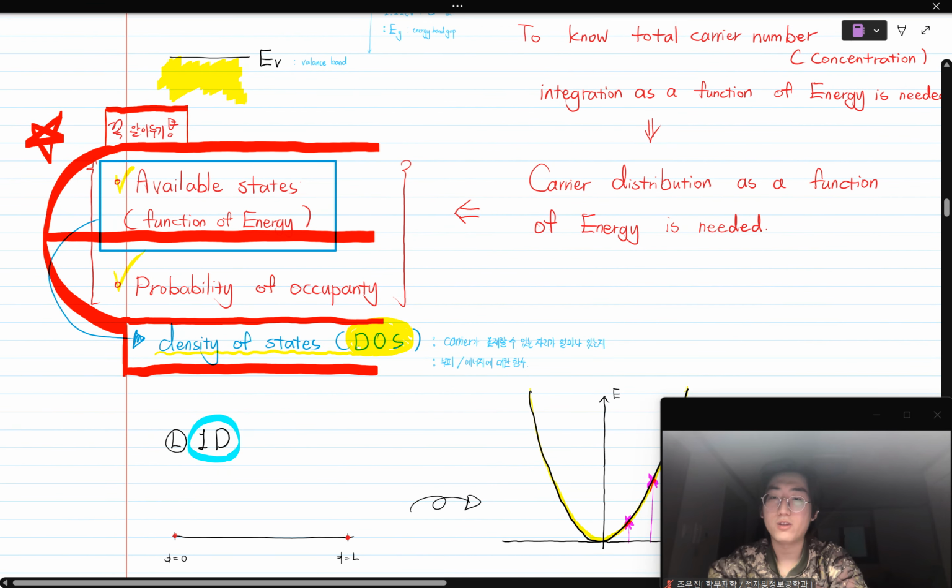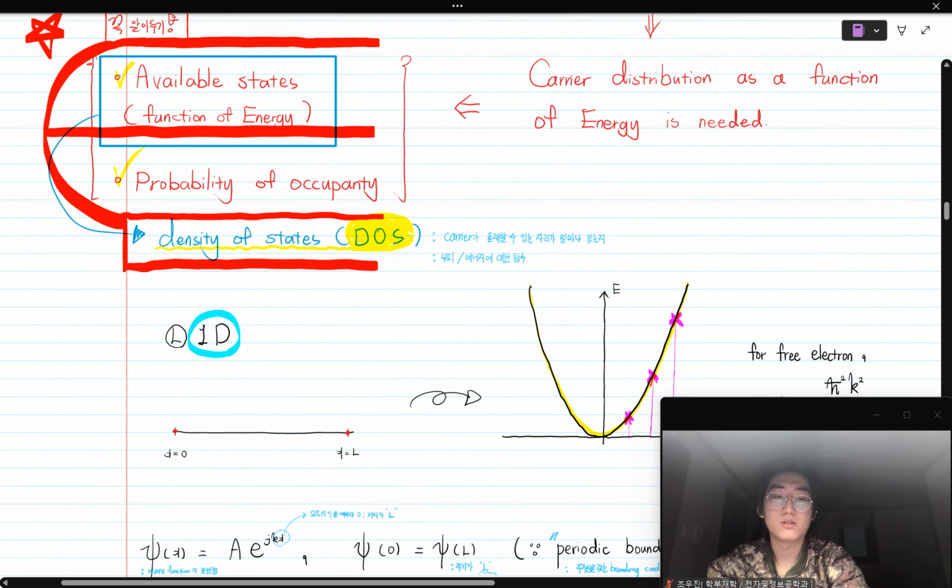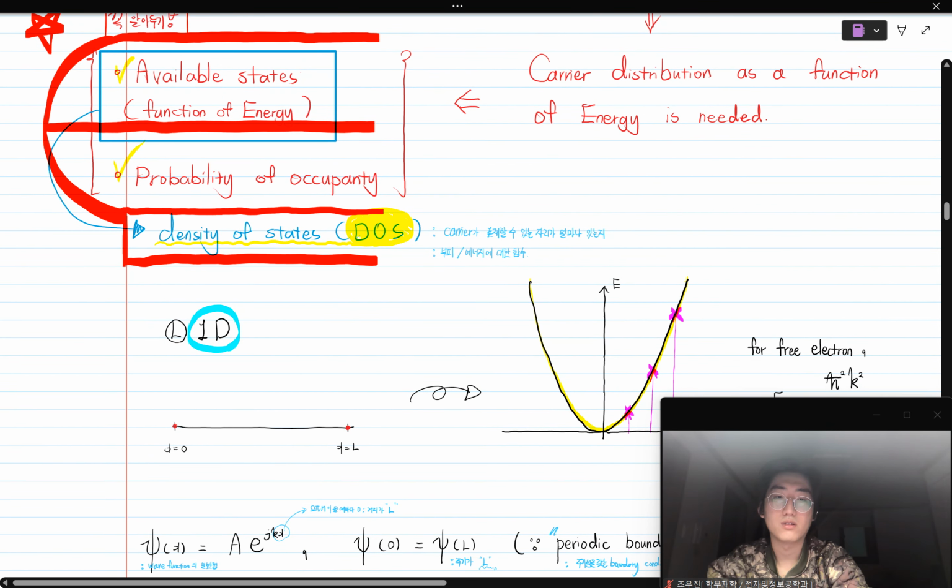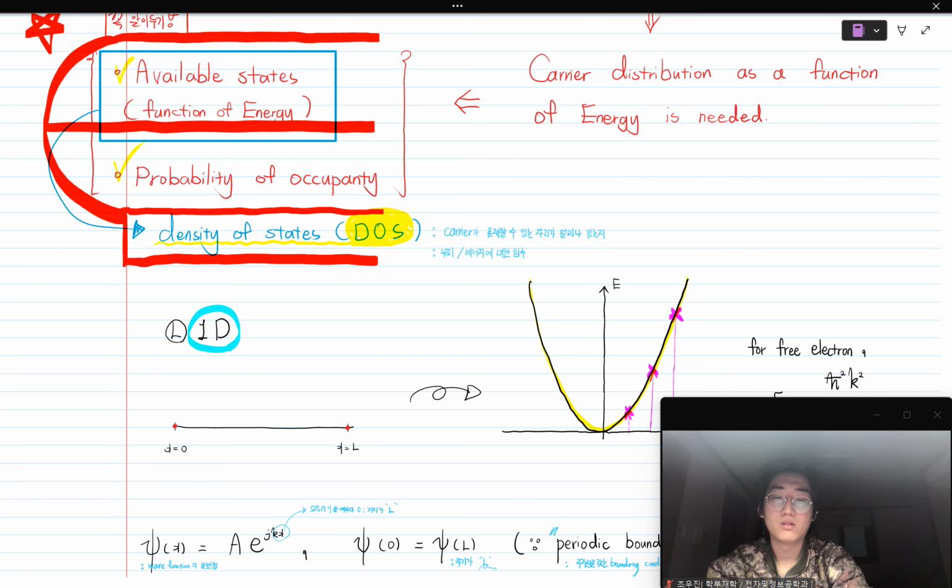Here, available states is what I'm going to talk about first. It is the density of states, which can be expressed simply by S. It means how many locations there are that a carrier can occupy.